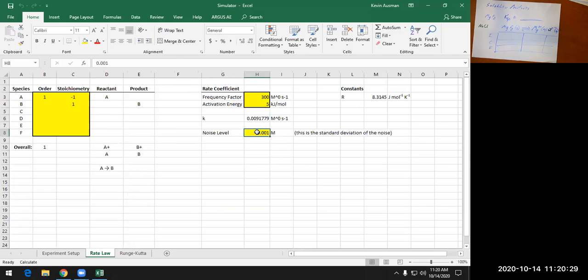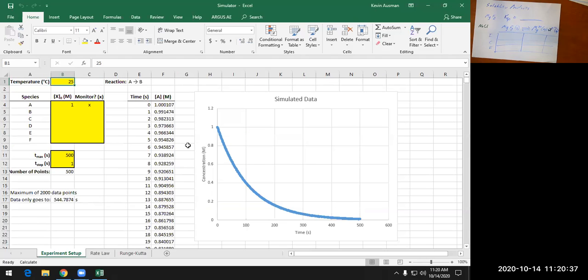And then there's this thing called noise level, because when you take experimental data, no measurement is exactly precise. This specifies how much noise there is. In this example, if we have 1 molar initial concentration, you can't really see the noise very much.